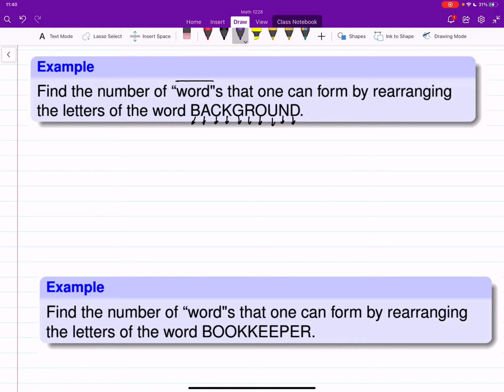For the first letter we have 10 possible options, for the second one 9, for the third one 8, and this will go down to the first one. You already know the permutations. This will be exactly 10 factorial.